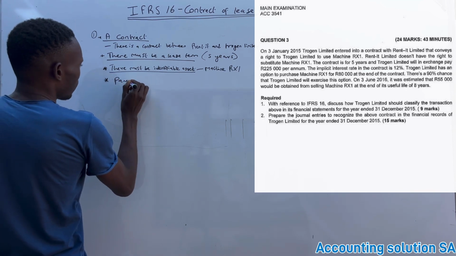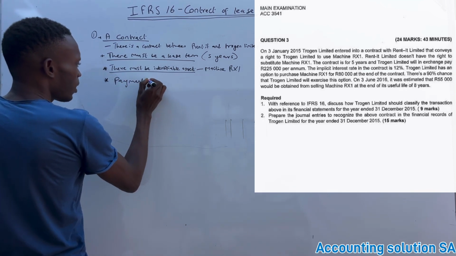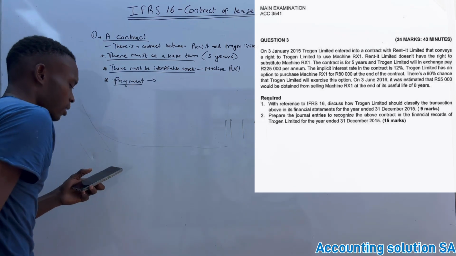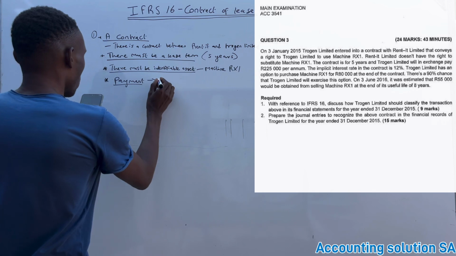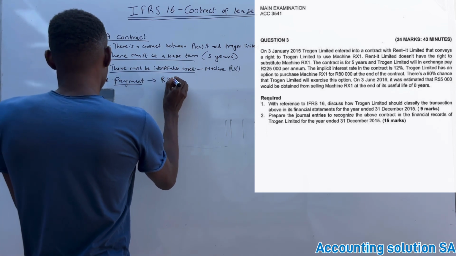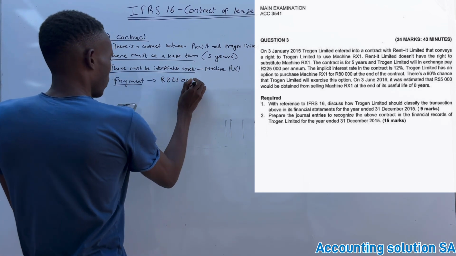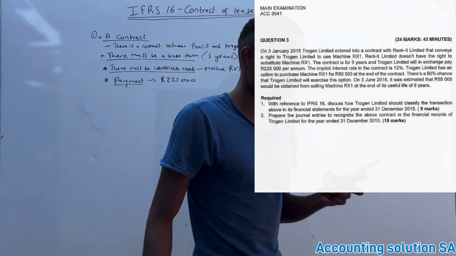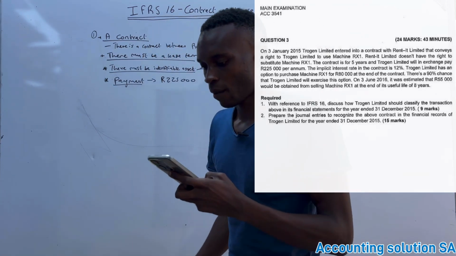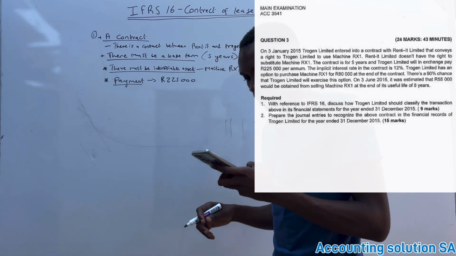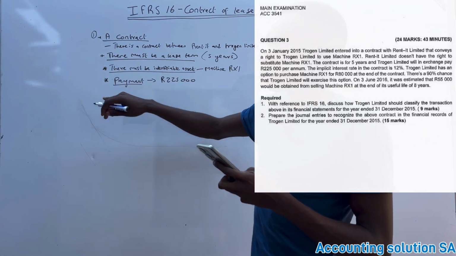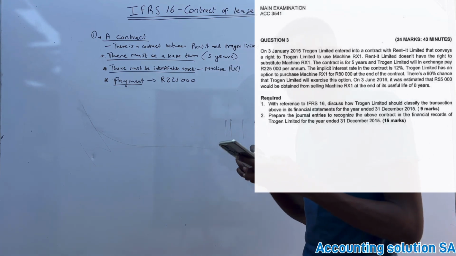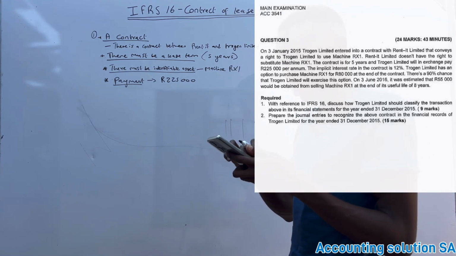Is there any payment that is being made in this case? Yes, there is a payment of an amount of 225,000. Okay, I think we will discuss 1, 2, 3, 4. And the other one, let me check if we have another one.